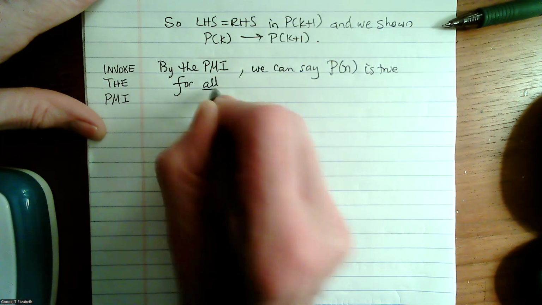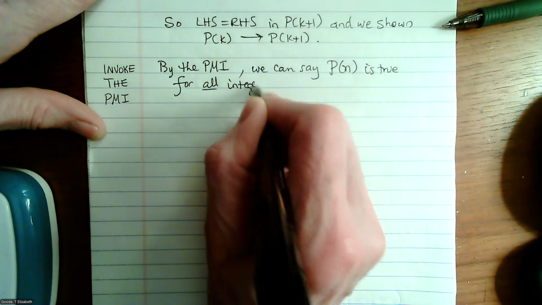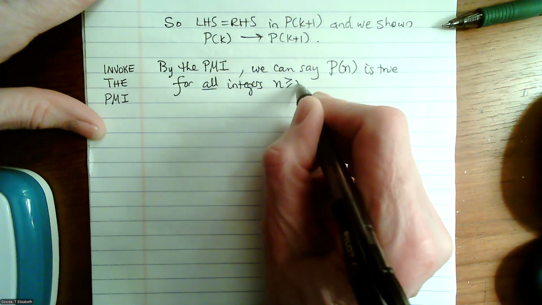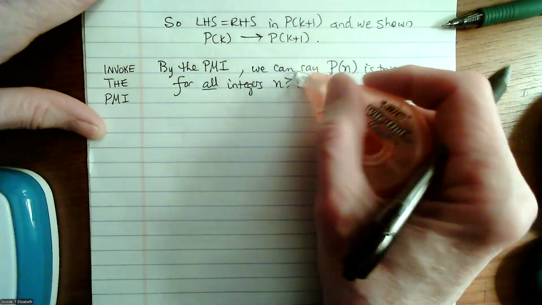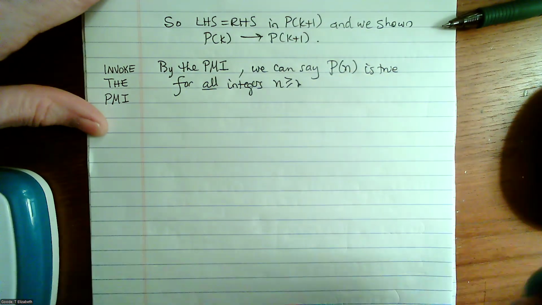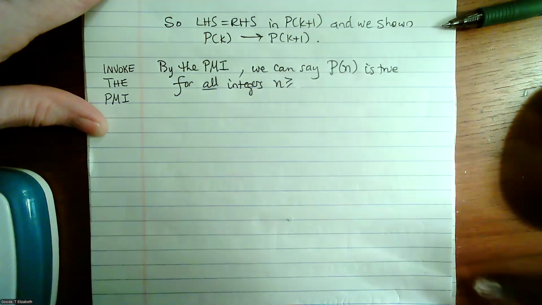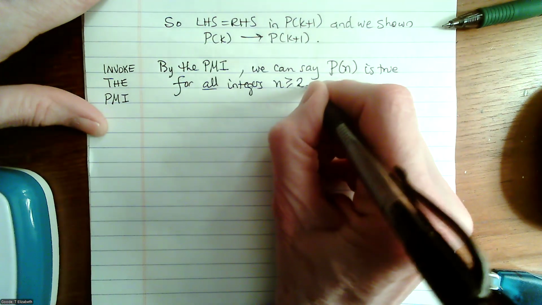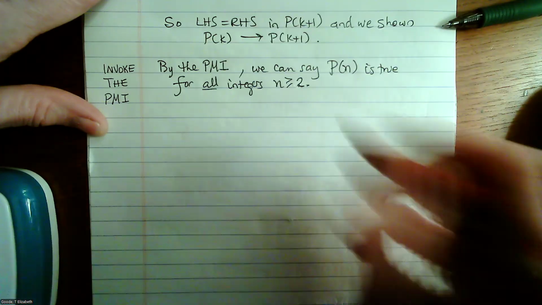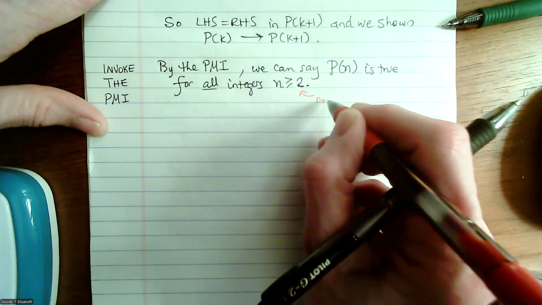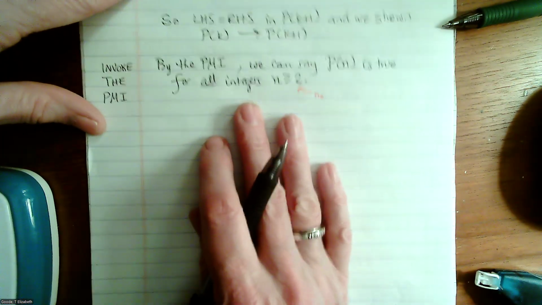So for all integers n greater than or equal to the bottom level, which was our n naught, and I want to actually put in that value. It was 2. That was our n naught. You always put n naught here.